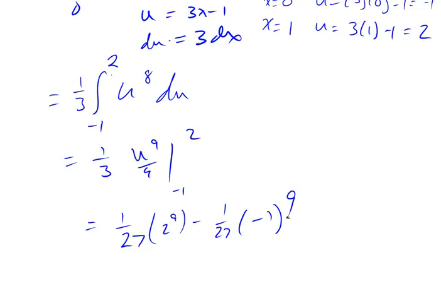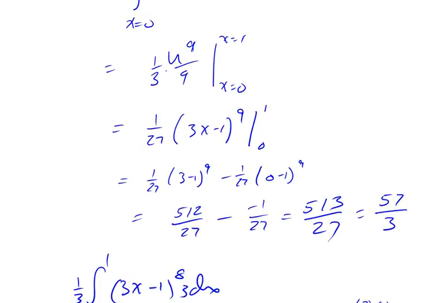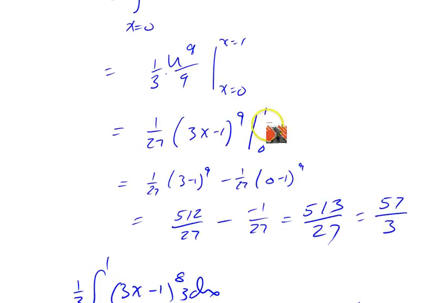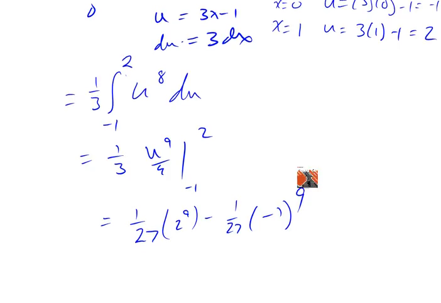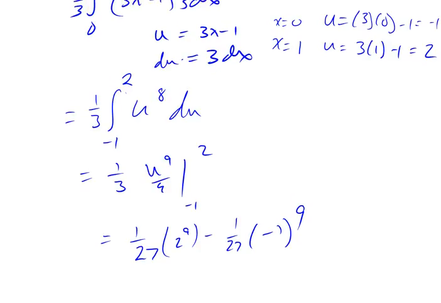Okay, and actually notice that we're really in the same place as where we were before, because when we plugged in, after we got back to x's and we plugged in, we did have, here's the 2 to the 9th, and here's the minus 1 to the 9th. We ended up doing exactly the same thing and ending up with the same answer here.